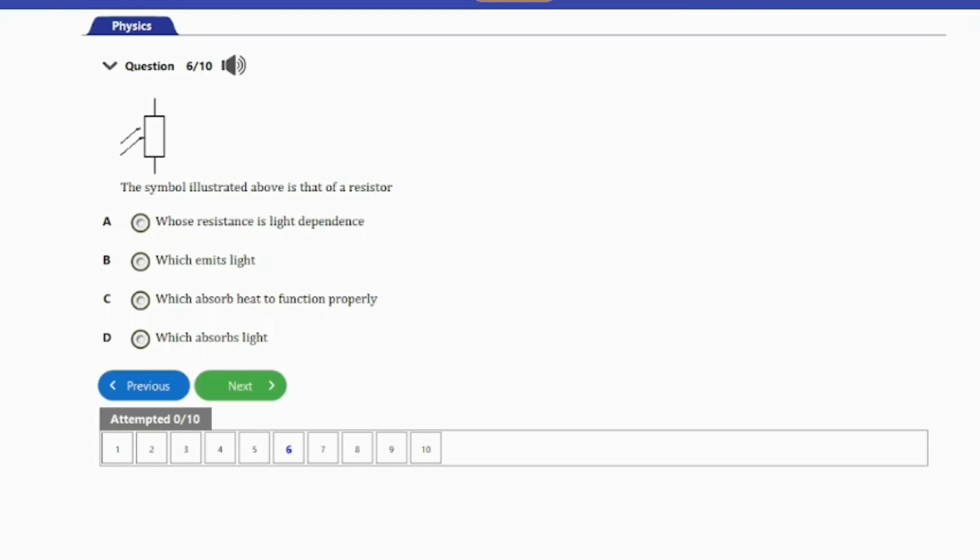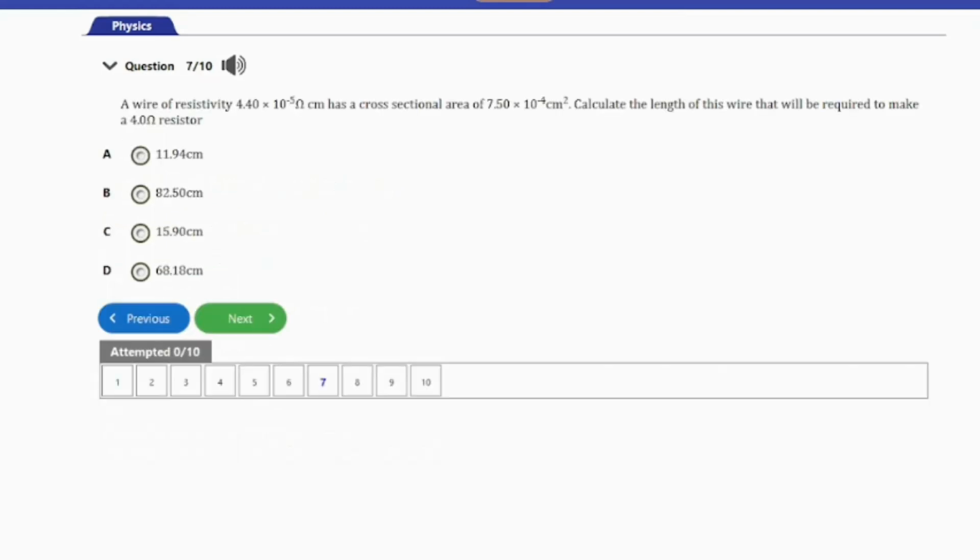So guys, the answer to this question is option C here. The resistance actually illustrated here will absorb heat in order to function properly. So that's it for this question. Let's go ahead and consider the next question. So that's question number 7 here.